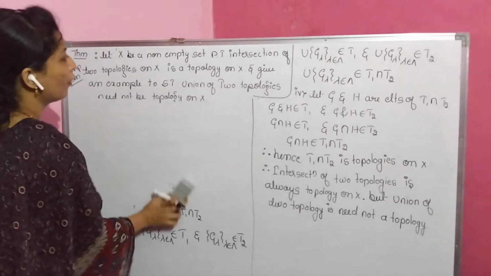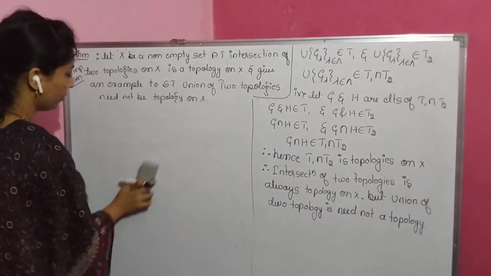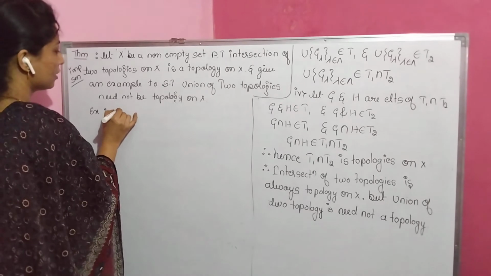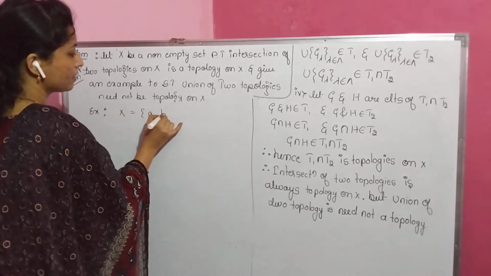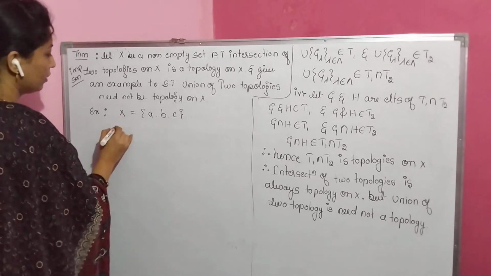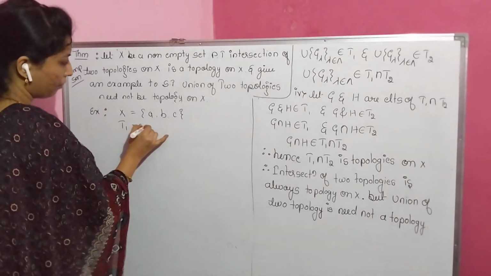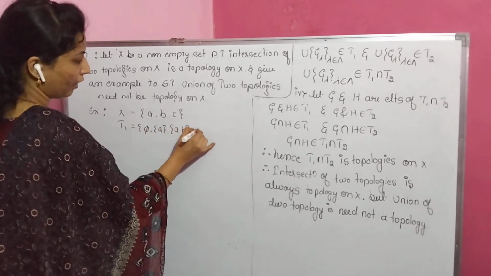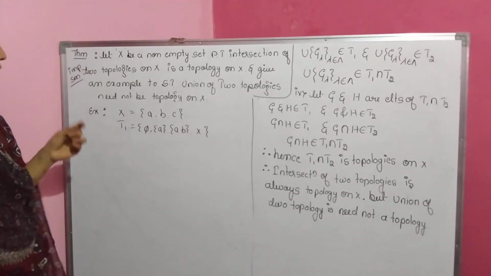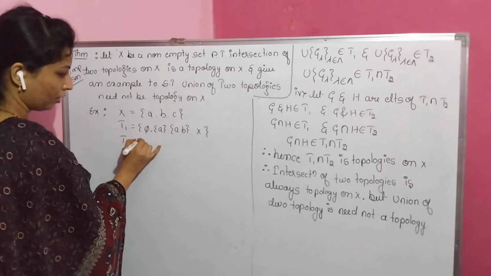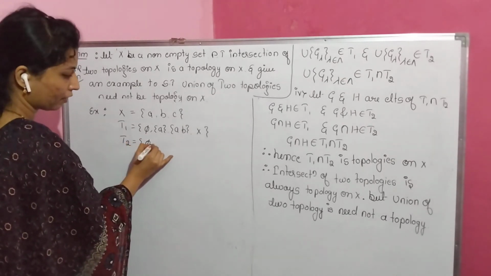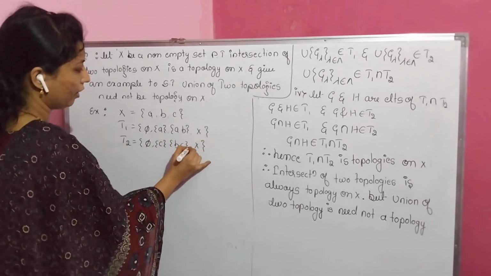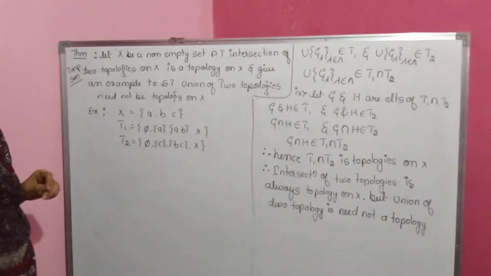The next step will be, we have to show the union of two topologies need not be a topology on X. For that we consider the example X equals {A, B, C}, and T1 can be defined as empty set, {A}, {A,B} and X, and T2 be the null set, {C}, {B,C}, X. Okay.